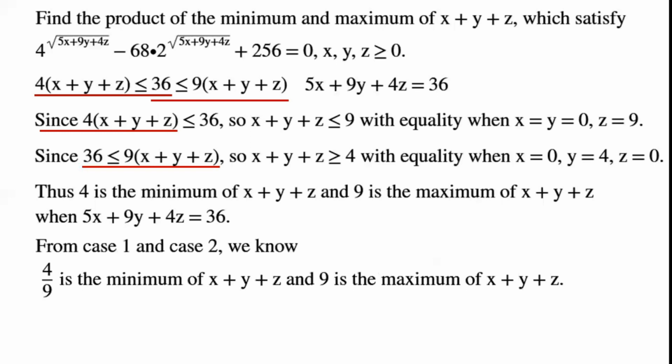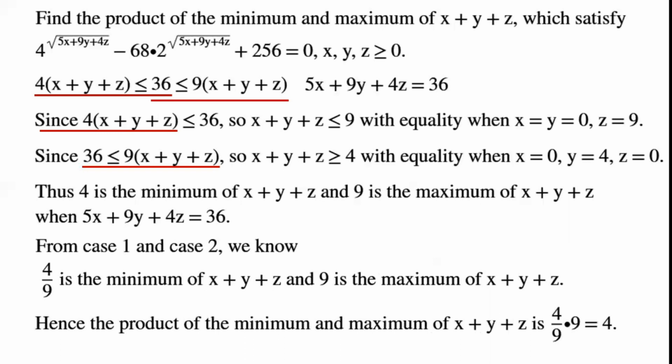From case 1 and case 2, we know that 4/9 is the minimum of x plus y plus z, and 9 is the maximum of x plus y plus z.